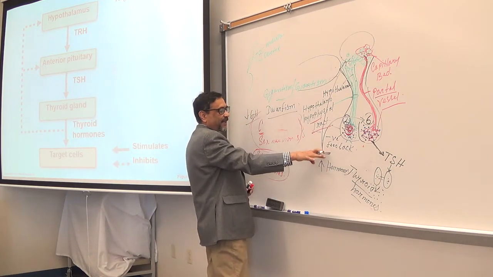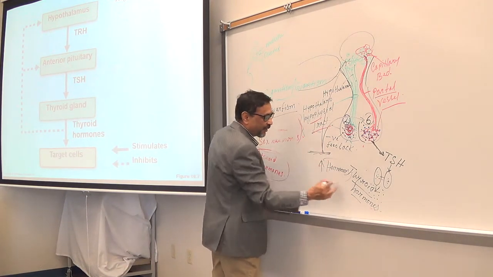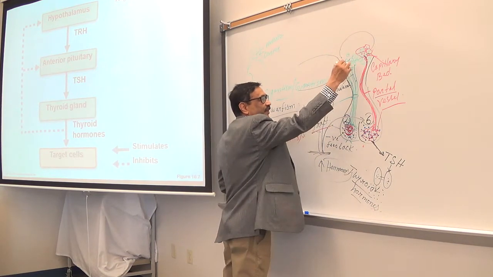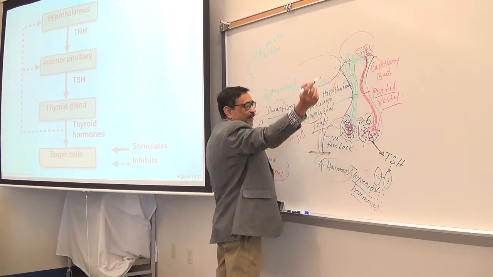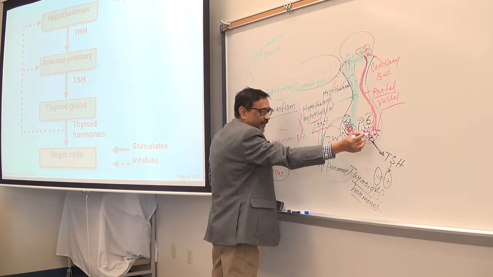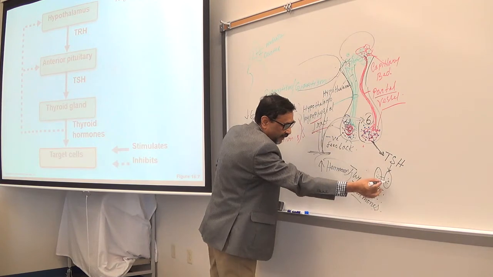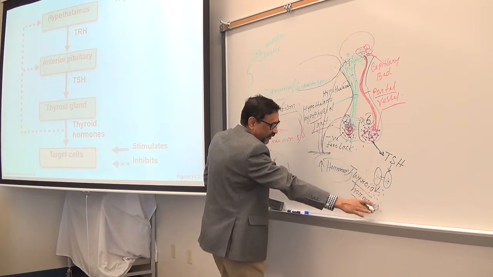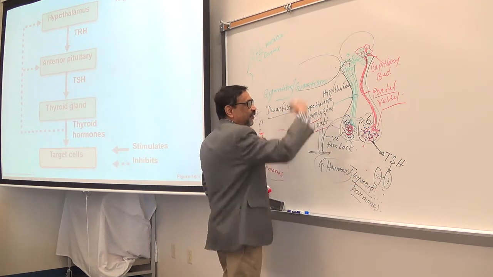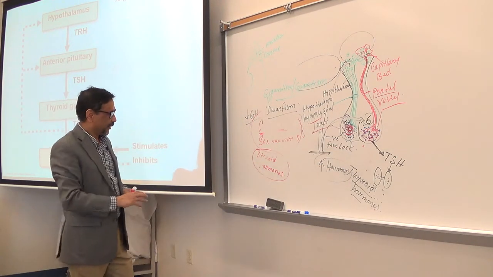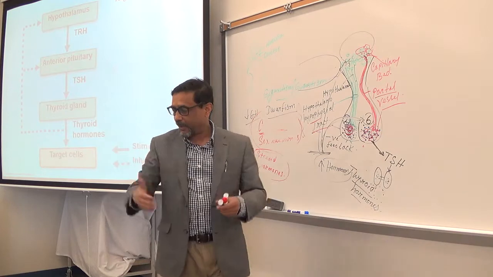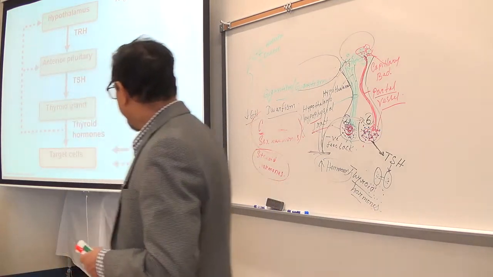The blood will tell that I have enough hormone, now stop secretion. So the hypothalamus will not send a signal to the pituitary. The pituitary will not send a signal to the thyroid gland. So thyroid secretion will be stopped. That is called the negative feedback mechanism. That's how the endocrine secretion is regulated or controlled.